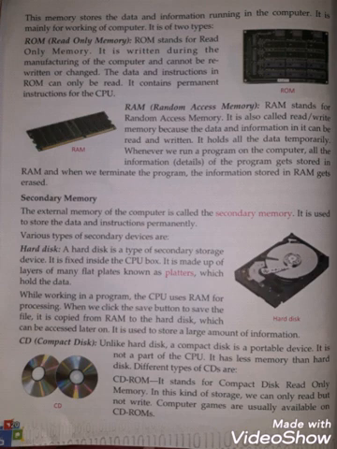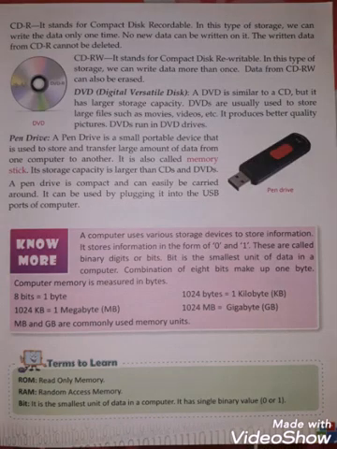Those video games are stored on the CD-ROM only, because with video games, you can use them, but you cannot change their format. So that is why we say CD-ROM is a kind of storage where we can read the data, we can use the data, but we cannot write it, we cannot make changes to it.